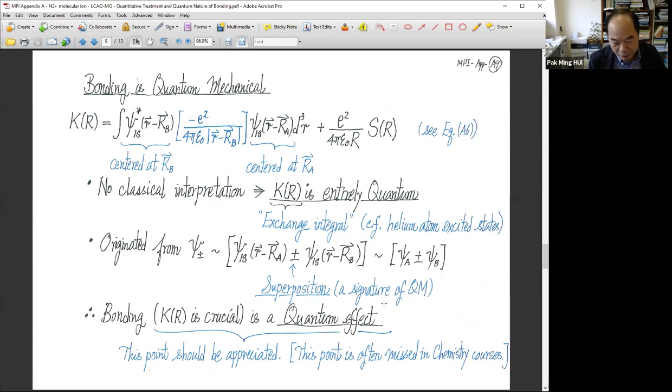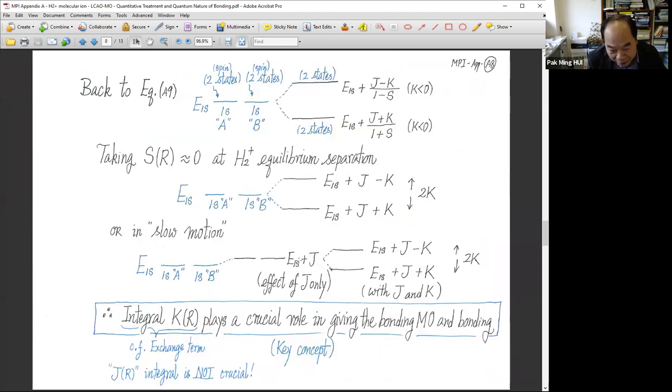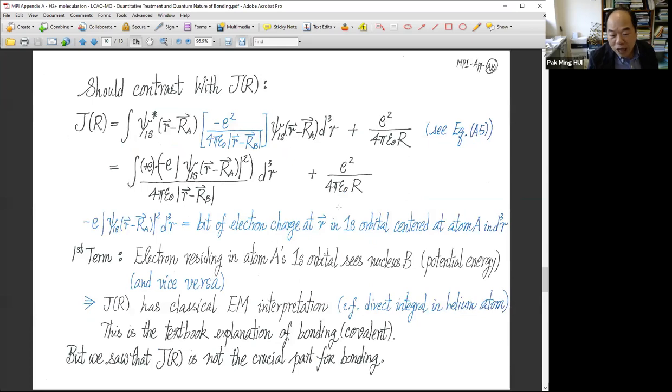It is very quantum. It is this term that is crucial, and it is very quantum, okay? We have the J around, but you see the J comes in on the same side. So it's not going to be crucial to distinguish the bonding and the anti-bonding one, and J has a classical interpretation.